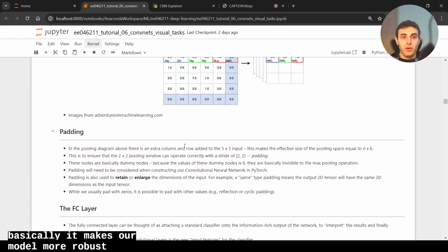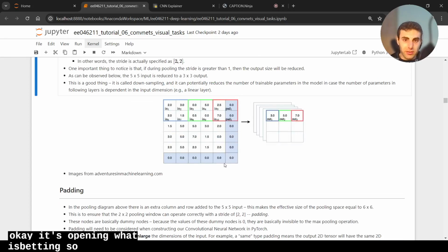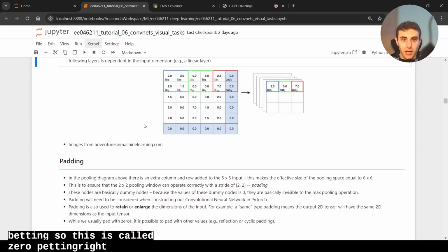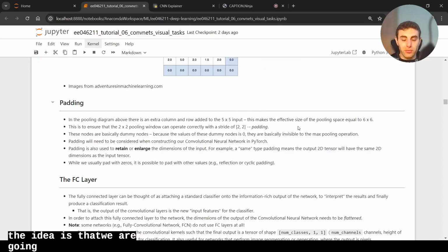So what is padding? This is called zero padding, and the idea is that we make the effective size adequate for the filter. If there is a mismatch between the size of your input and the size of the kernel, so one is odd and the other is even, then you need to pad such that they match.